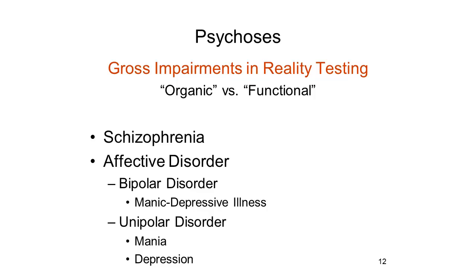This includes bipolar disorder, also known as manic depressive illness, and varieties of unipolar affective disorder, including pure mania, which is relatively rare, and unipolar disorder or unipolar depression, which is quite common. We'll talk more about the neural substrates, especially the biochemical substrates of schizophrenia and affective disorder later in these lectures.